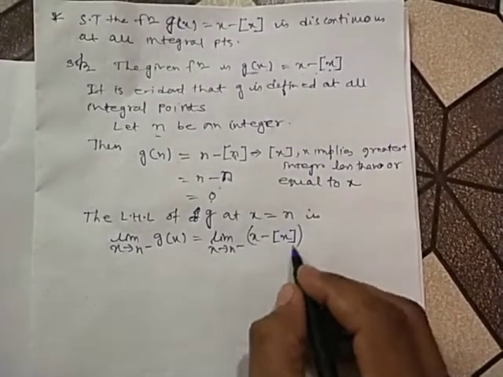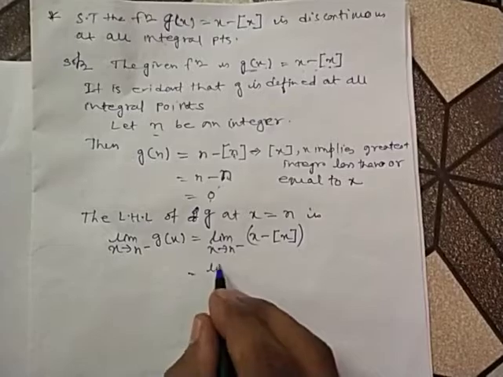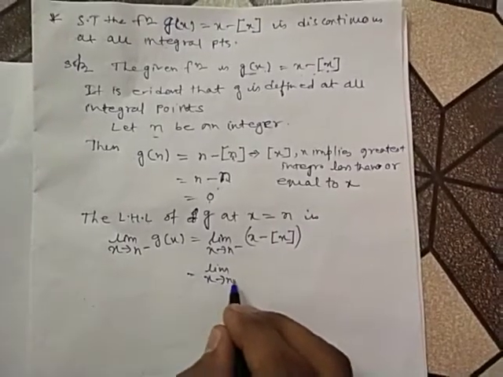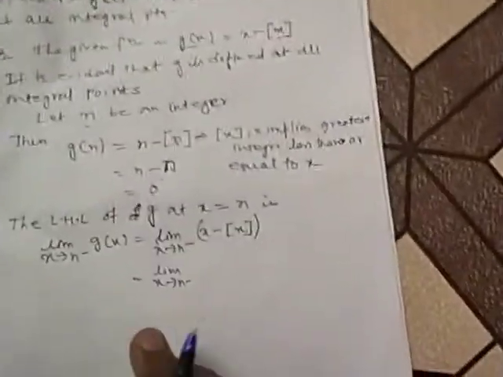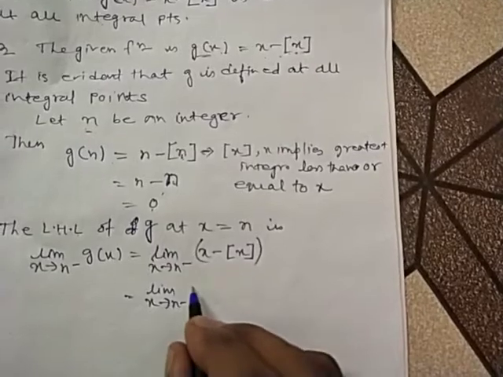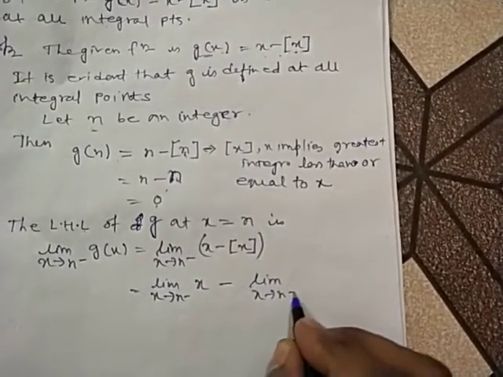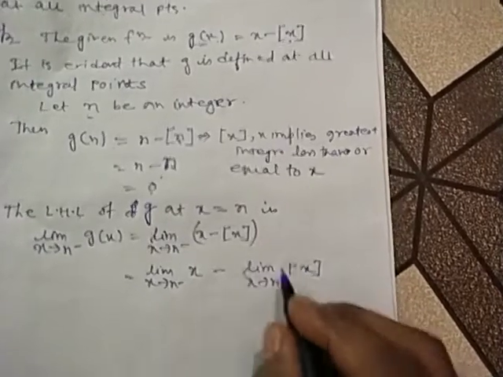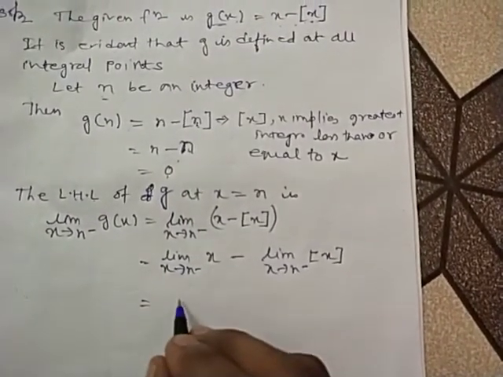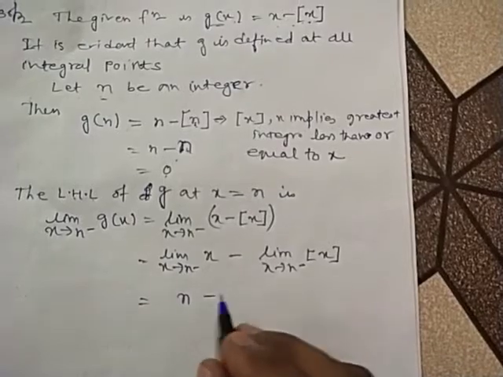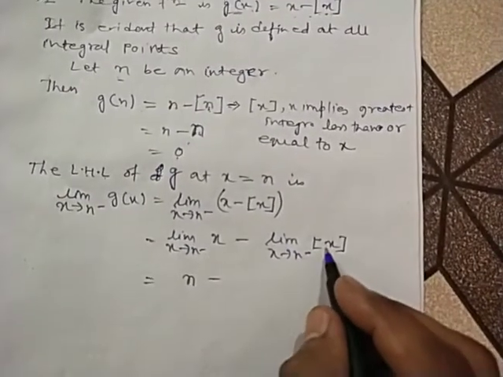Now you can separate these two terms. It is limit x tends to n negative x minus limit x tends to n negative greatest integral of x, which is n minus greatest integral of x.